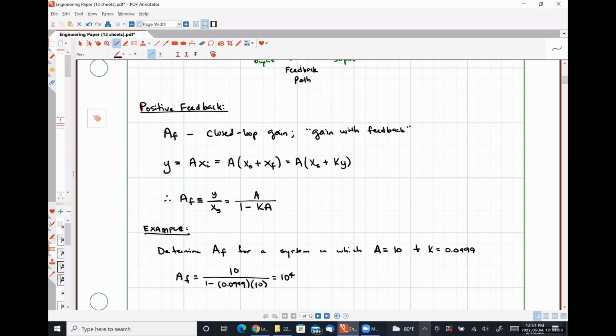Yes, ma'am. Is it ever large enough to make that a negative value? So that is a fantastic question. Potentially, sure. Effectively playing around with the signs in here is what's going to cause either system stability or system instability.